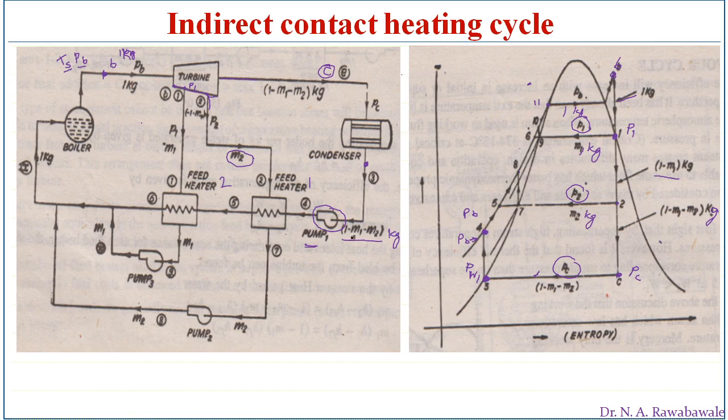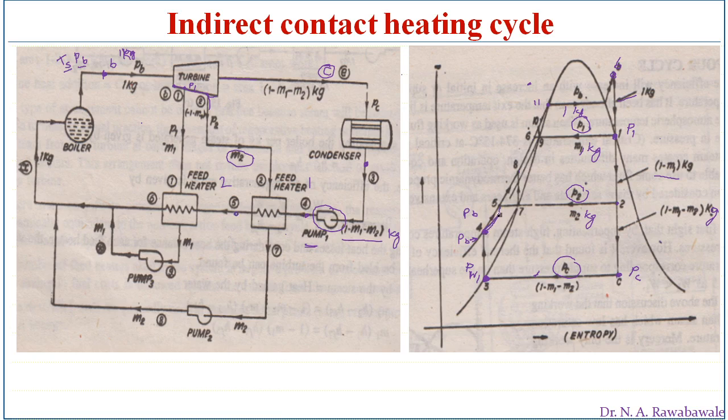So there is exchange of heat. So here 1 minus m1 minus m2 kg of condensate increases its enthalpy from point 4 to point 5, you can see here. So enthalpy of condensate is increased from 4 to 5.